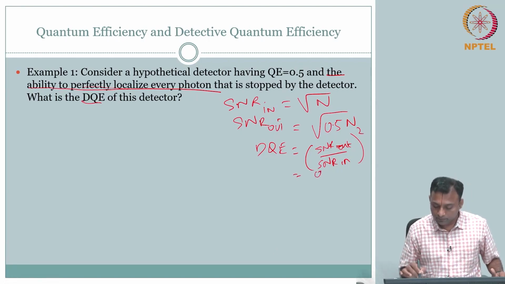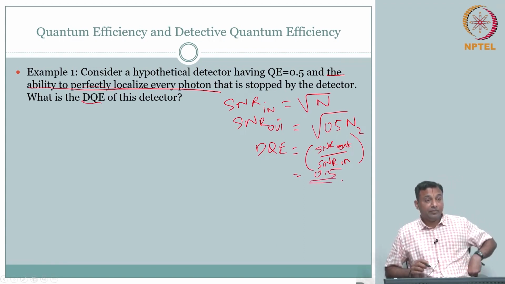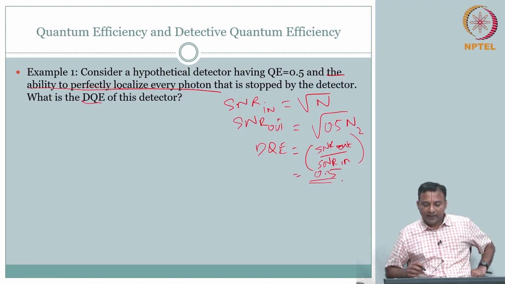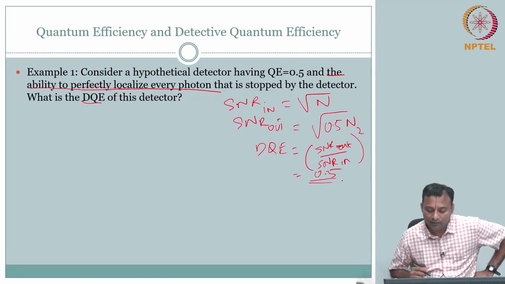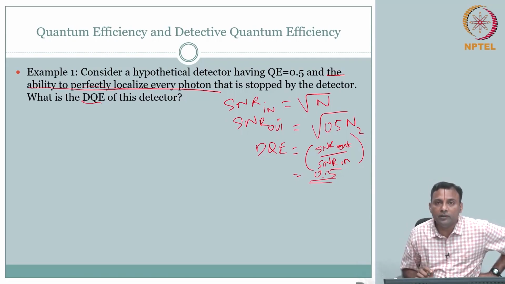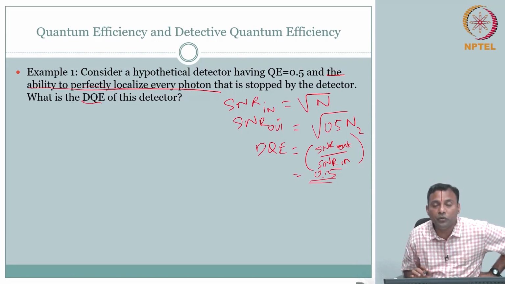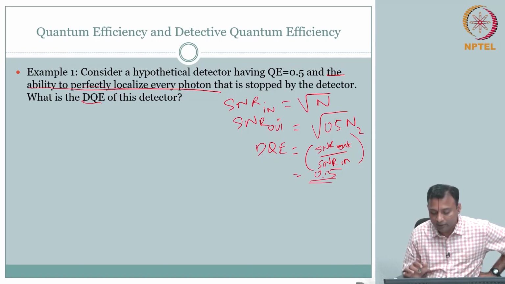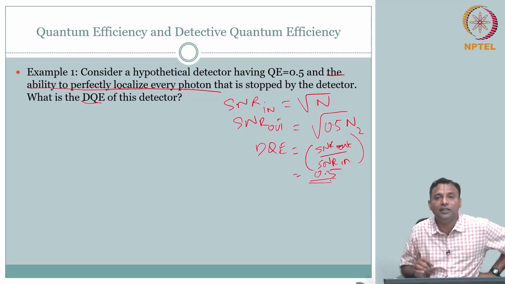You are going to get 0.5. What does it say? We talked about DQE being less than or equal to QE, less than or equal to 1. Here is a case where your DQE and QE are the same. Of course, they both are less than 1 because QE is less than 1.